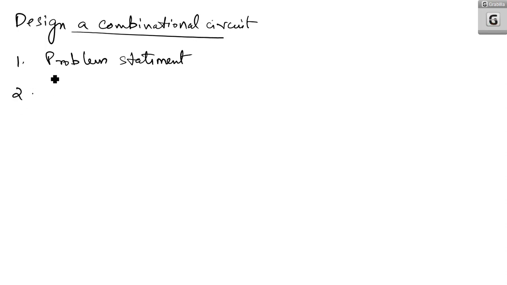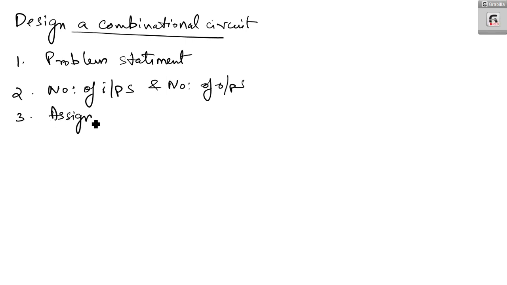Second, how many inputs and how many outputs are needed needs to be formulated. Step 3, assign symbols for inputs and outputs.